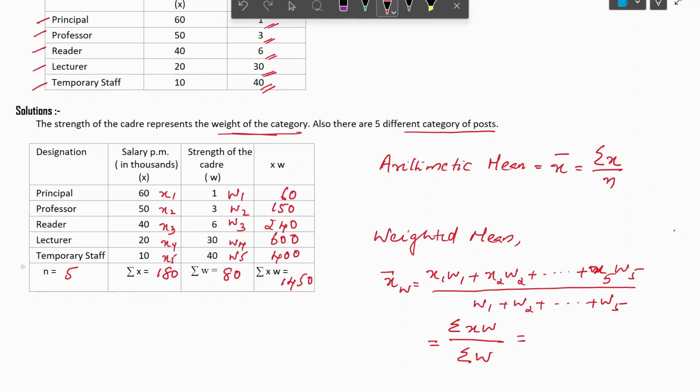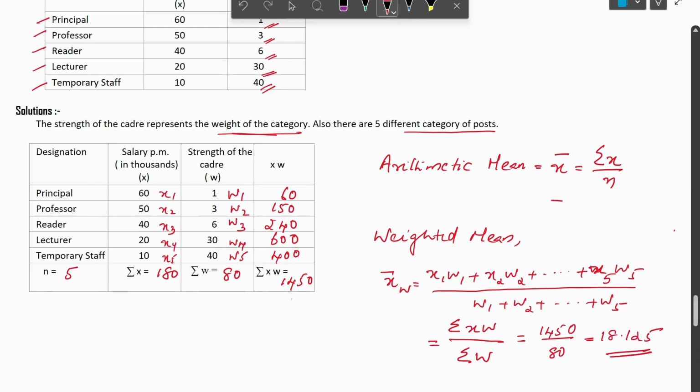Same thing what we did in the last two questions, the same way, but it is in table format. That's the difference. Okay. Now here you can substitute. That means 1450 divided by 80. The answer is coming 18.125. This is for weighted mean. For arithmetic mean, we can give the value, that is 180 divided by 5.